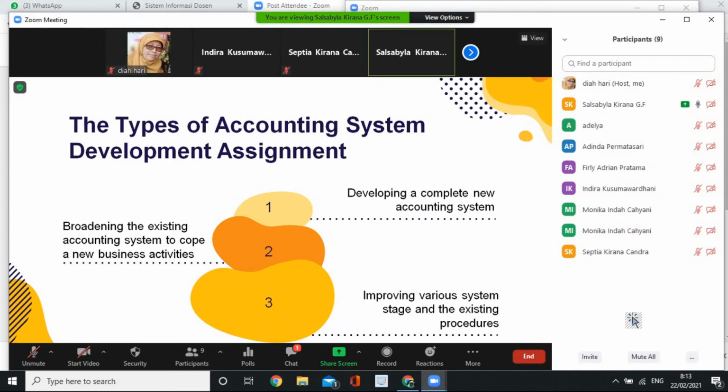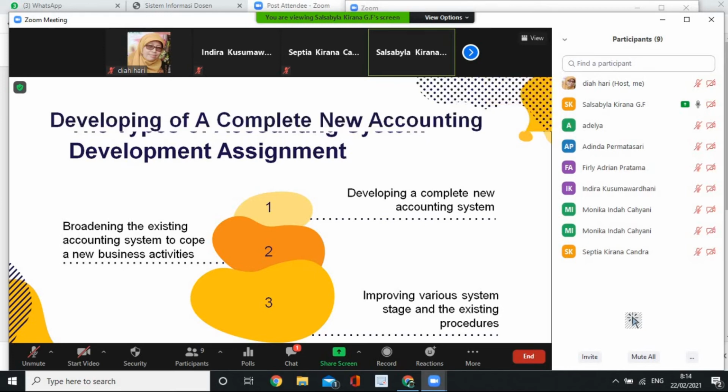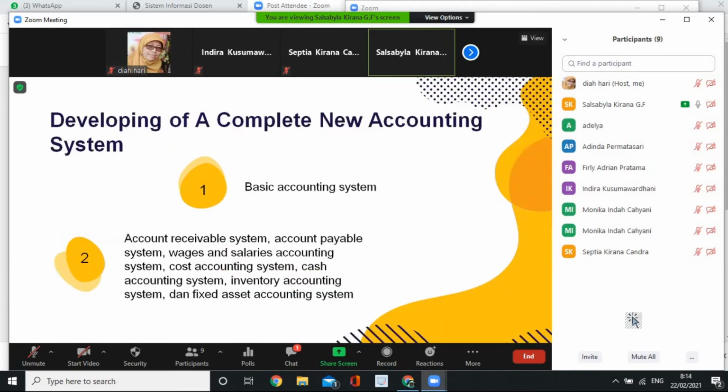So for the first accounting system development assignment, it could be divided into two. The first is the basic accounting system, and the second is the account receivable system, account payable system, wages and salaries accounting system, cost accounting system, cash accounting system, inventory accounting system, and fixed asset accounting system.